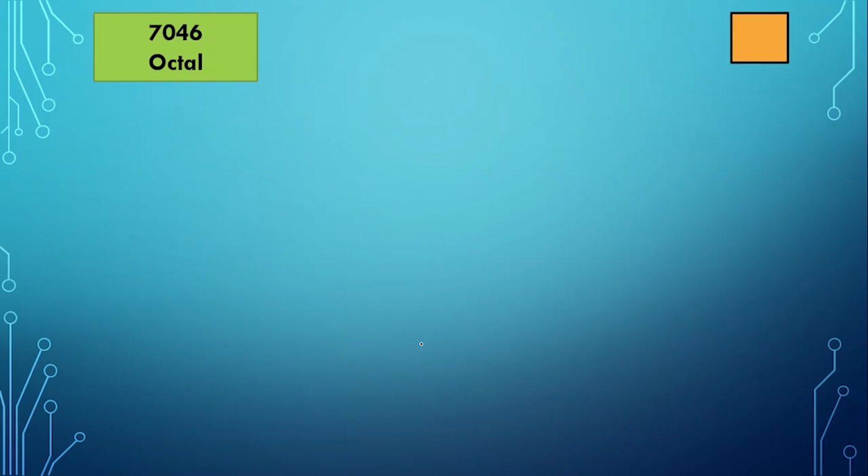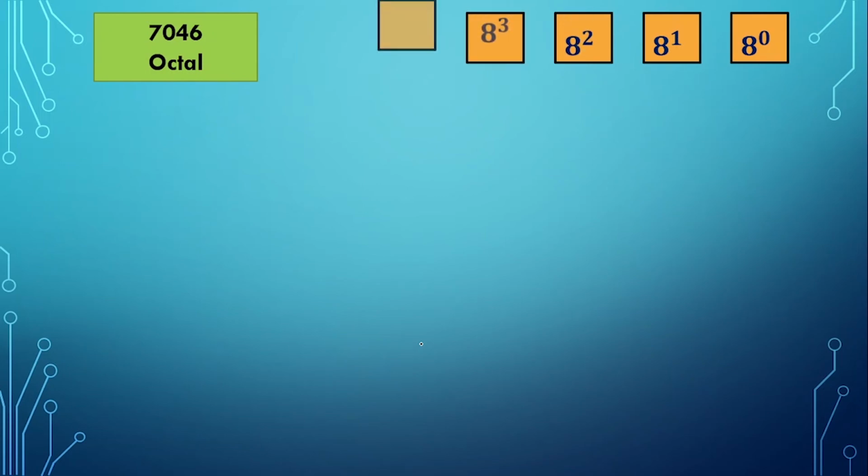And if I want to represent the equivalent decimal number of 7046, then the fundamental logic will be the same. I am going to use blocks and the increasing power of radix. So 8 raised to 0, 8 raised to 1, 2, 3, 4, 5, up to whatever extent I need to cover this 7046.